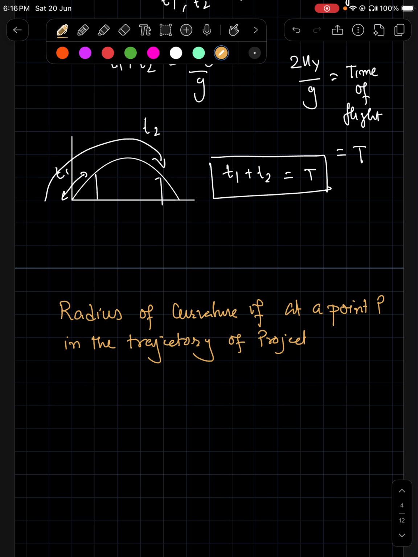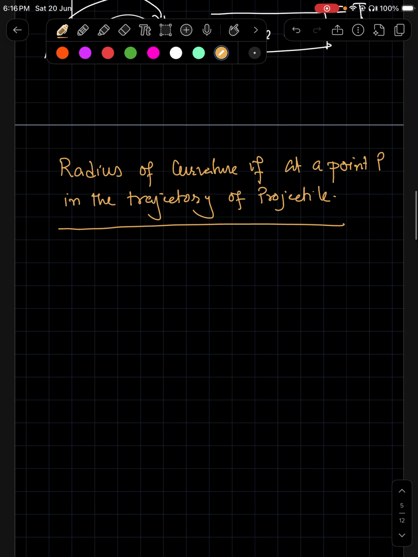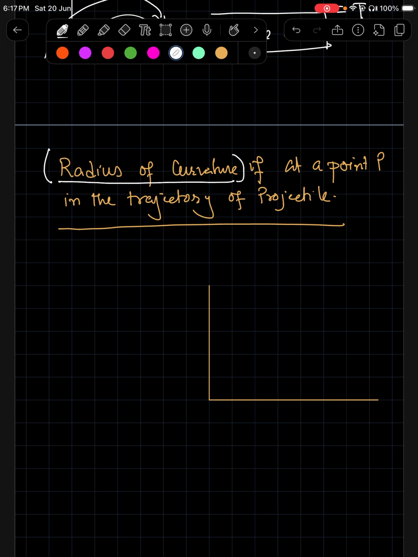That we are going to find. So let us find that first. To know about the radius of curvature, we first have to define what the radius of curvature is.